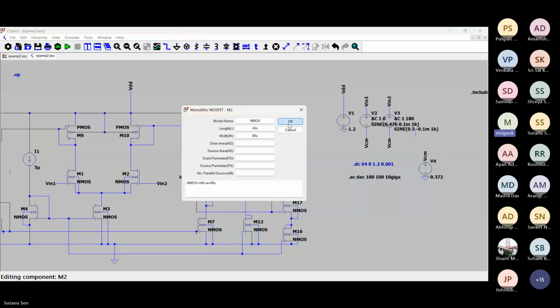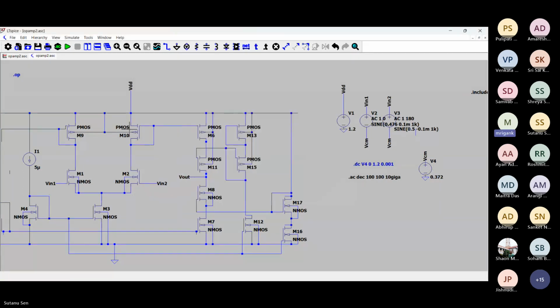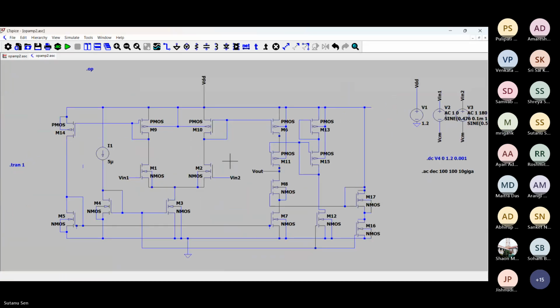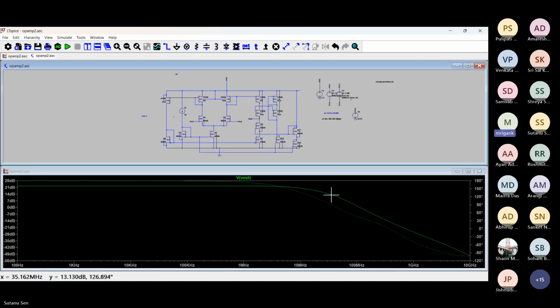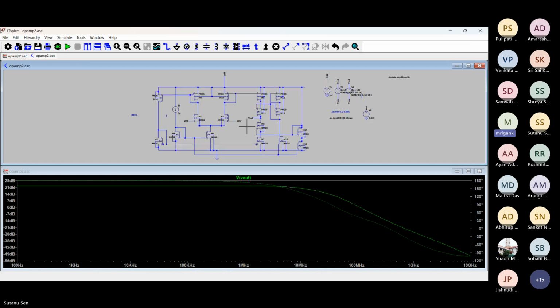What are you doing? I told only the input device. Which other device have you modified? M9, M10 will not be modified because that will affect the ratio of the second stage. Current you can, again you have to change that. You have to get the DC point.